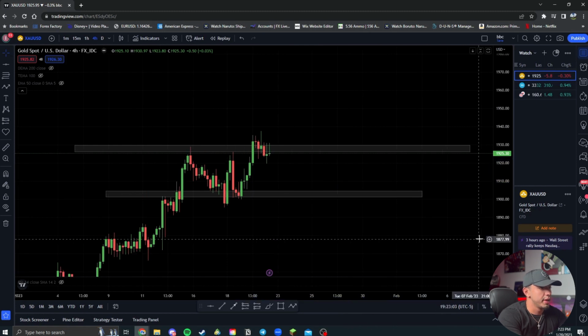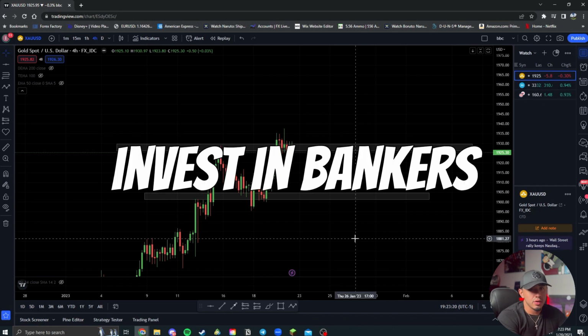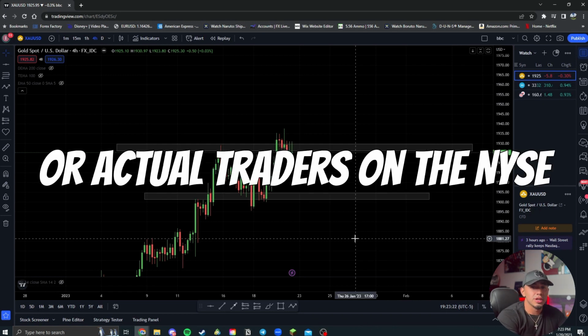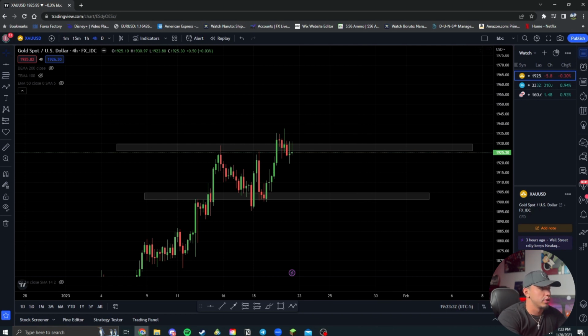But the truth that nobody ever really tells you is that to properly trade supply and demand zones, you would actually need to see where all the order sizes are, and it's really hard to do that, because these are data points that are not public to many people, only investment bankers or actual traders on the New York Stock Exchange who work with a brokerage to have this data. Usually if you have the Bloomberg terminal, you're going to be able to see where a lot of large order sizes are, and it's just something that firms communicate with each other across the board.